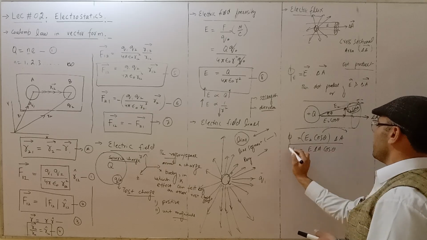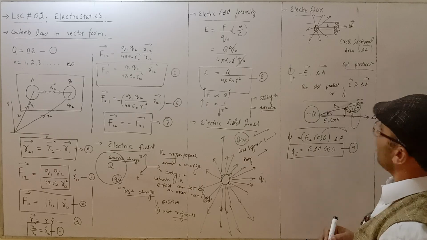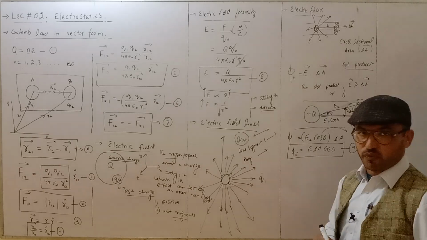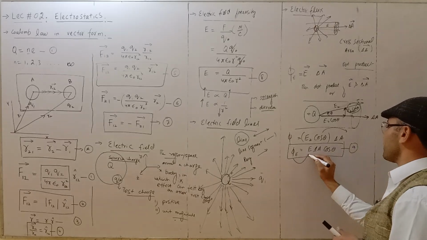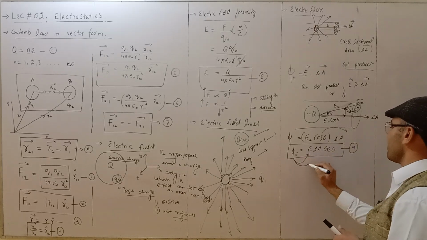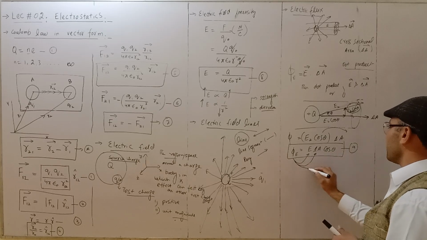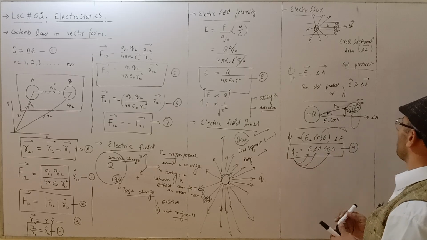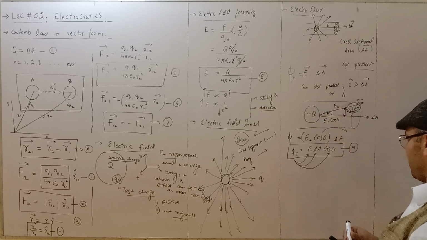So equation number 9 is the final result obtained for electric flux. Electric flux has three factors. The first is electric field intensity, the second is the cross-sectional area, and the third is the theta between delta A and the electric field intensity.